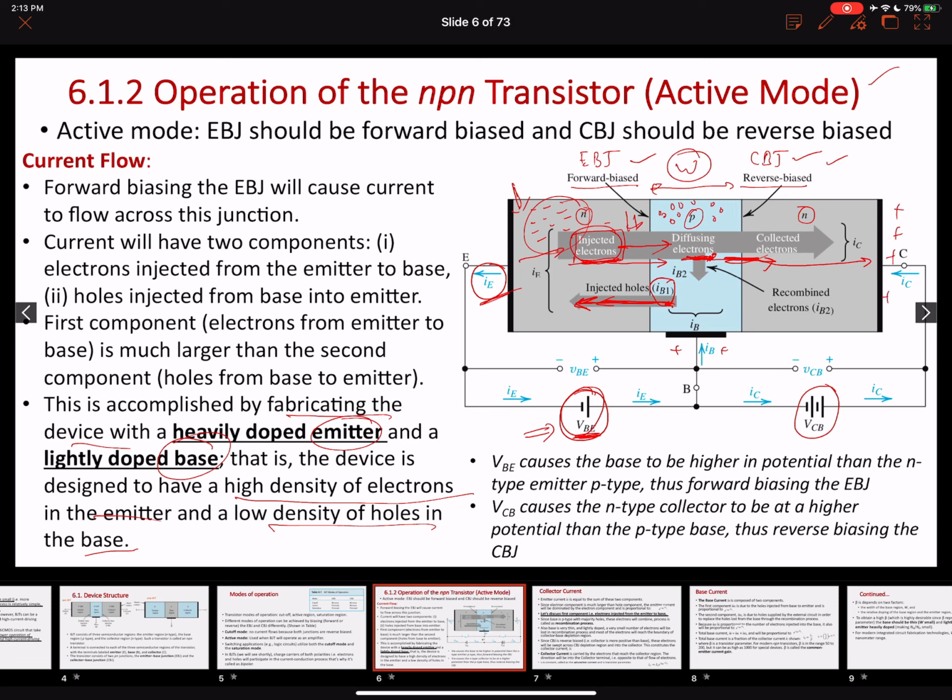Again, our collector is at higher potential. Some of the electrons were lost in the recombination process in the base region, and the rest were swept across the collector-base junction into the collector region. Since the flow of electrons is in this direction, our collector current will be flowing into the collector terminal.